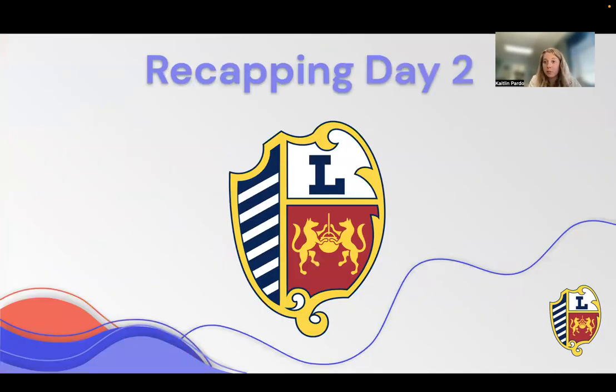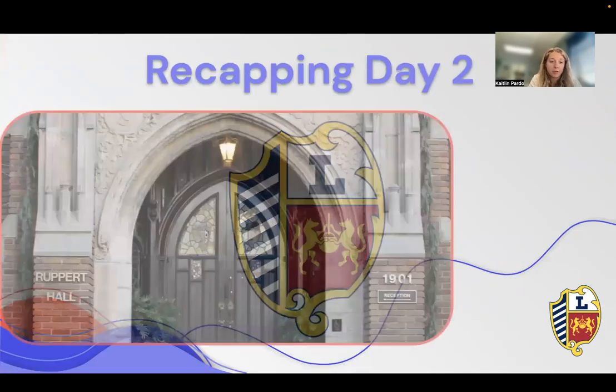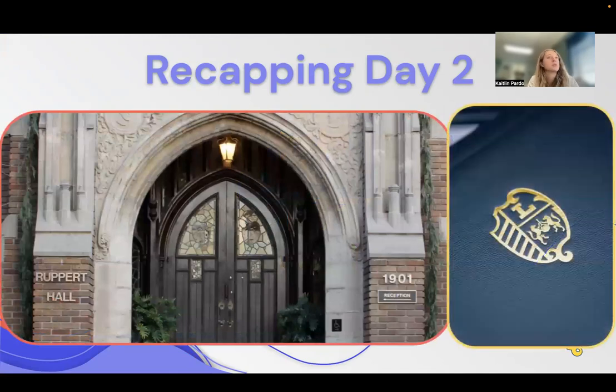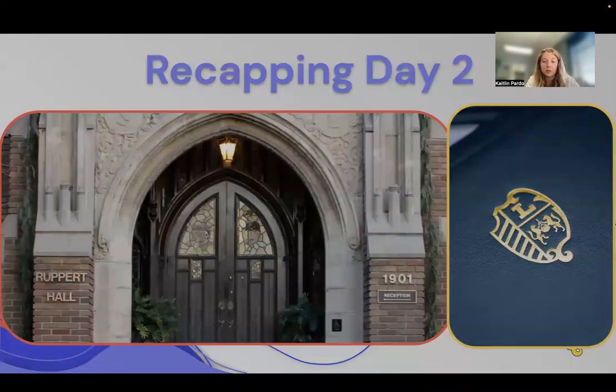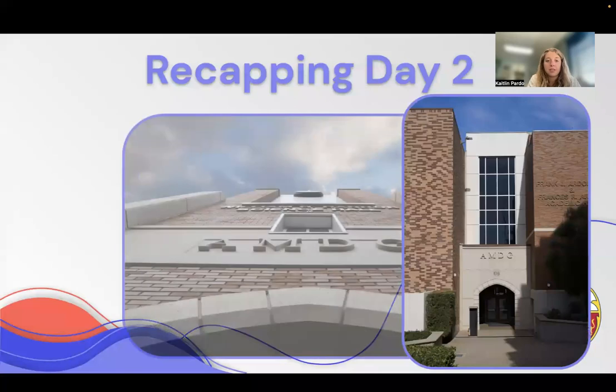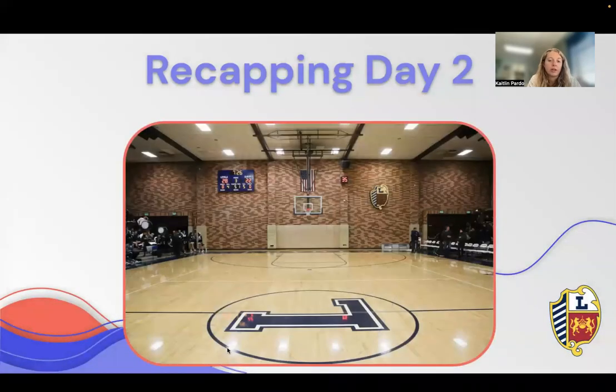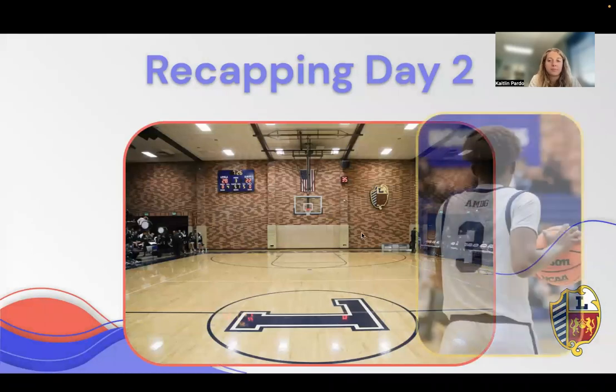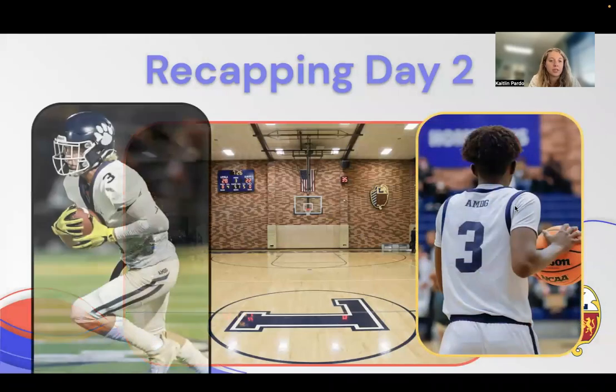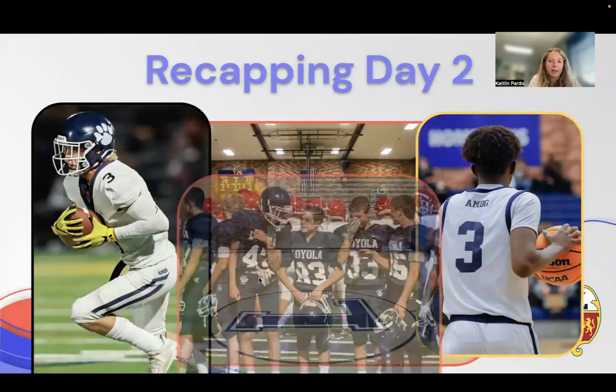Talk about what the symbols of the faith crest are and how they show up everywhere, like Rupert Hart's doors or, when they get their diploma, their diploma holder has it. There's AMDGs everywhere in IHS, the Loyola L and the crest in the gym, AMDG on the back of jerseys, on the side of football pants.